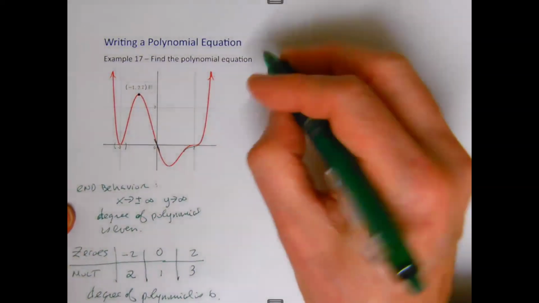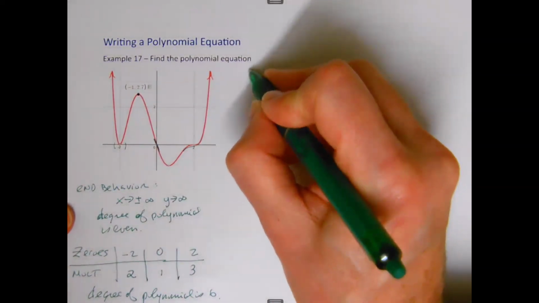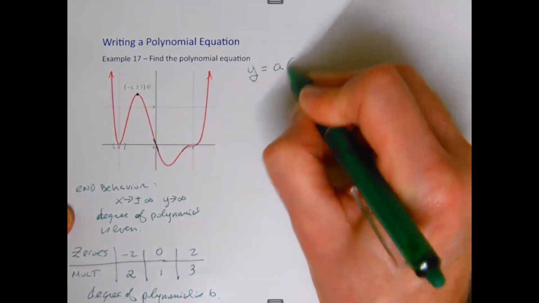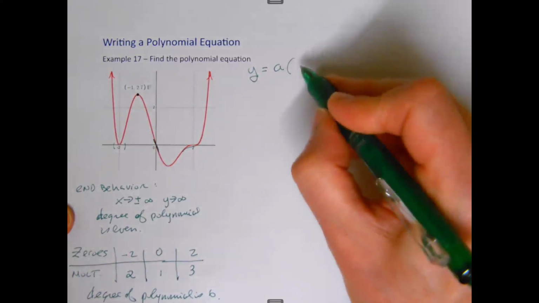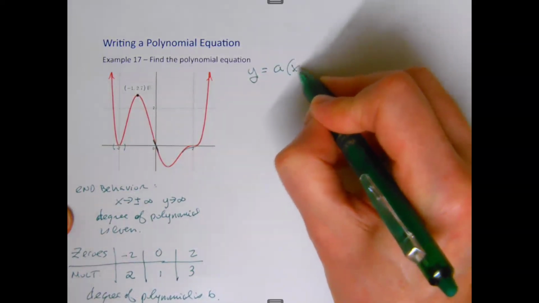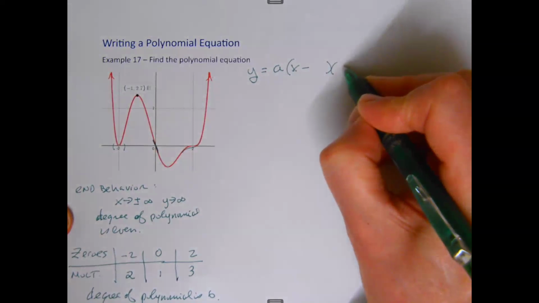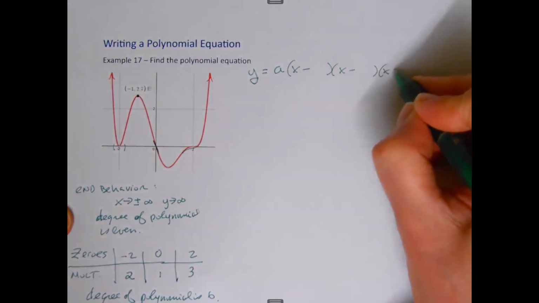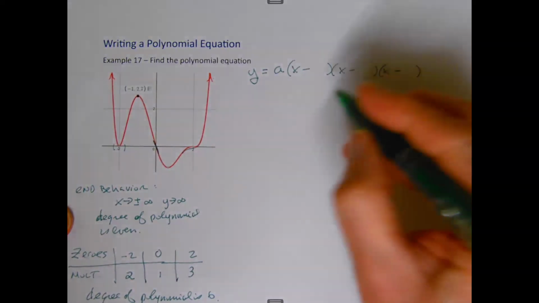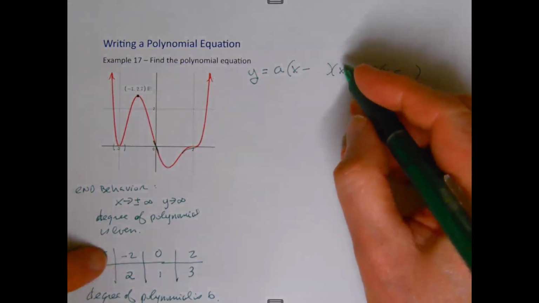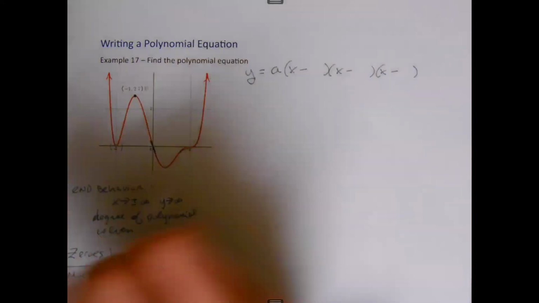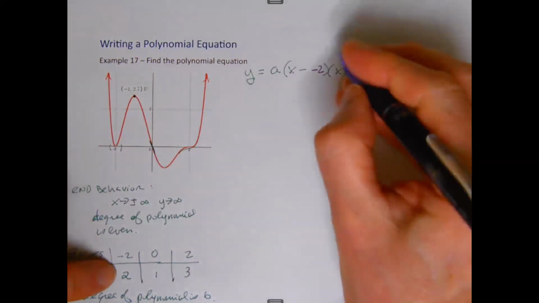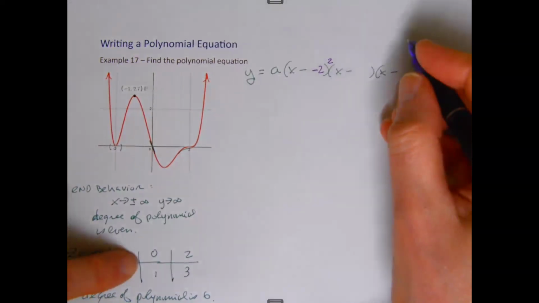Great. So now what I'm going to do is write y equals, and then I have my leading coefficient. I'm going to leave it up front. And I write now x minus, I think I got 3 zeros here, x minus, and then I enter the zero values. So -2, and then I write the multiplicity squared.